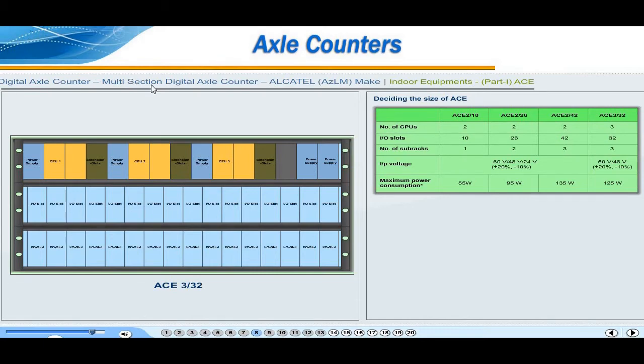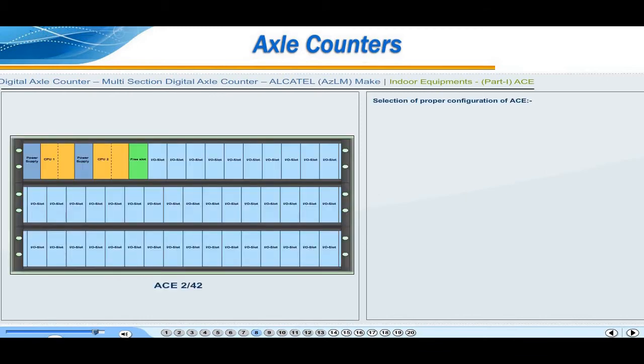Power consumption of ACE depends upon the types and number of input-output slots. Maximum power consumption of ACE2/10, ACE2/26, ACE2/42 and ACE3/32 are 55 watts, 95 watts, 135 watts and 125 watts respectively.